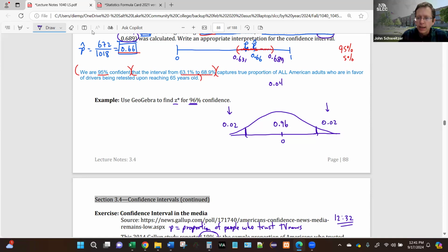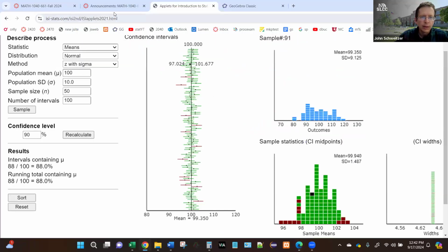So if you want to be 96% confident, you have to go out far enough in the distribution such that 2% of the distribution lies beyond that point. Didn't we learn how to do this last time? How far out in the standard normal do you have to go such that only 2% is further than that value? That's exactly what we did last time.